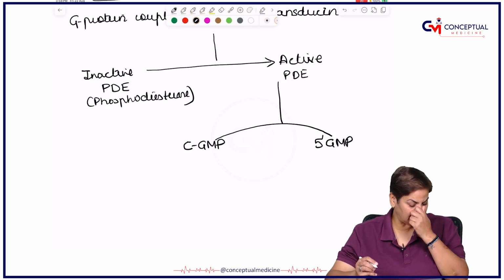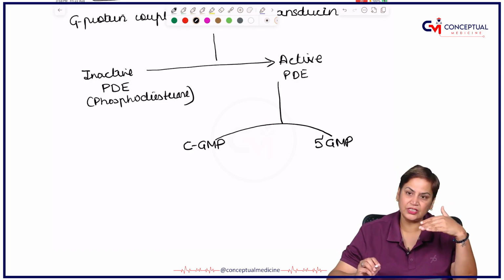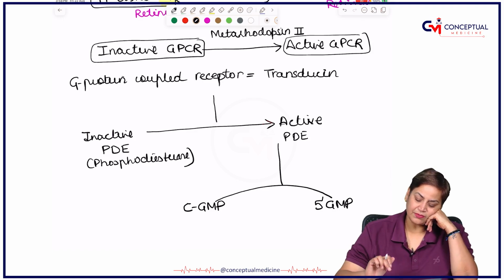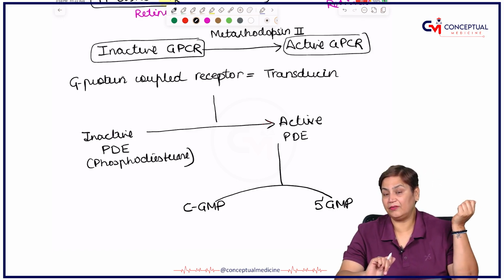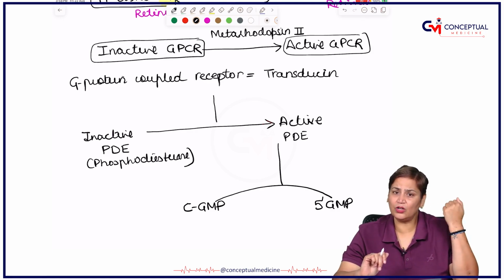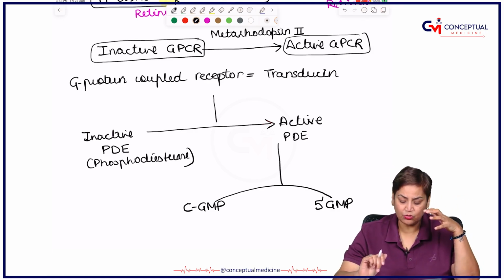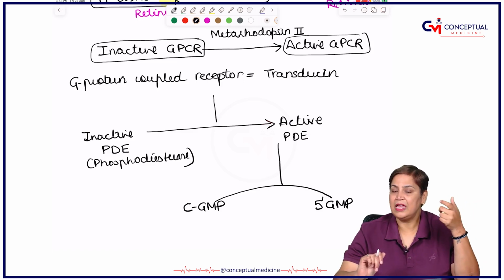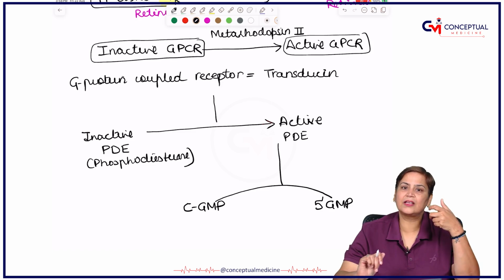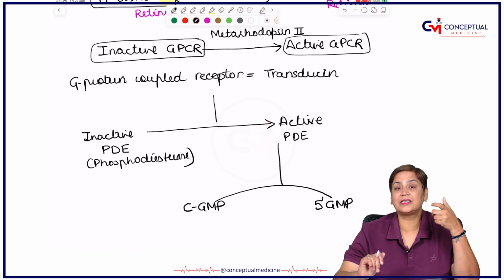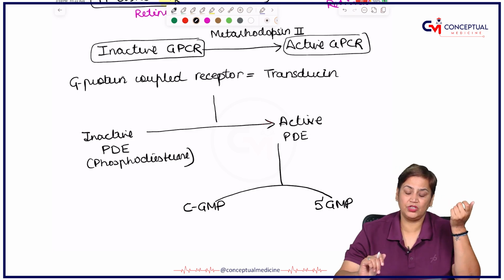Matlab, you see how the rate of reactions is going on. First of all, beta-rhodopsin is there, which is making GPCR active. When GPCR is active, it is accelerating the activity of transducin. This transducin is helping in making phosphodiesterase active. And we all know phosphodiesterase ka function. What is the function of this? This phosphodiesterase converts cyclic GMP into 5' GMP.